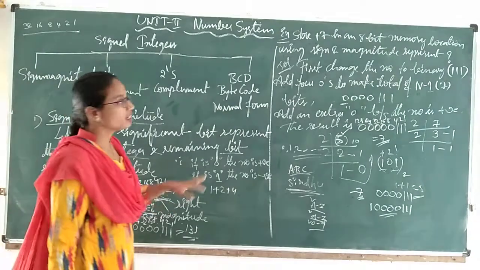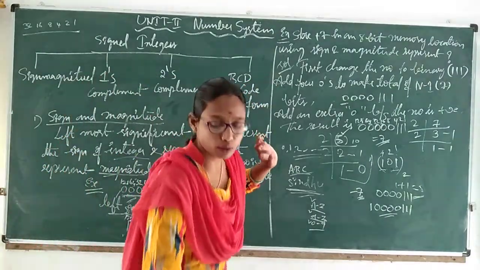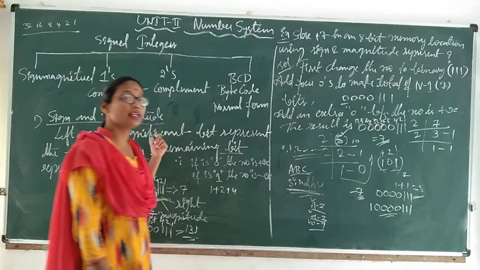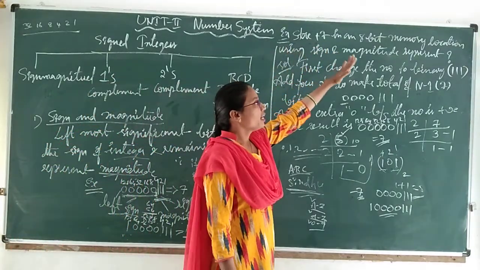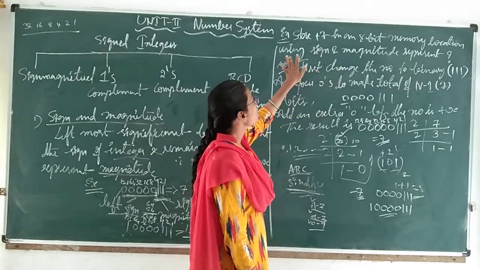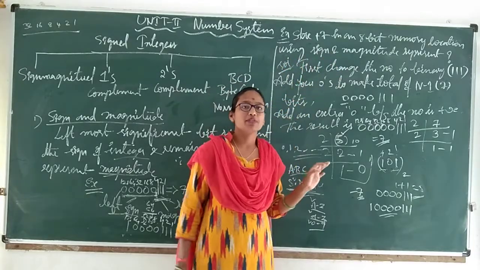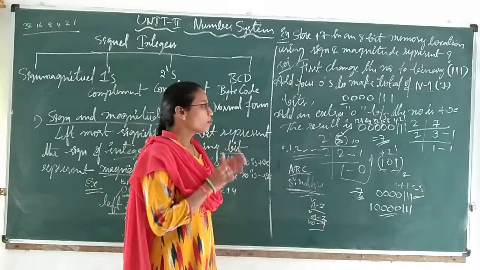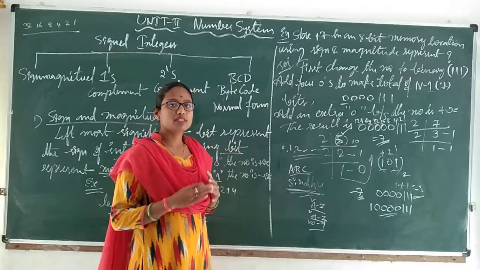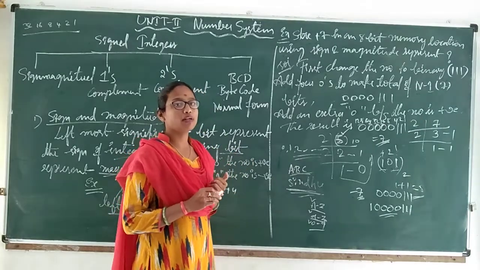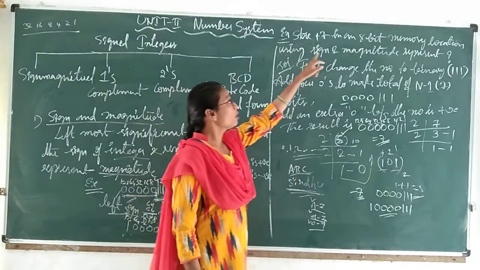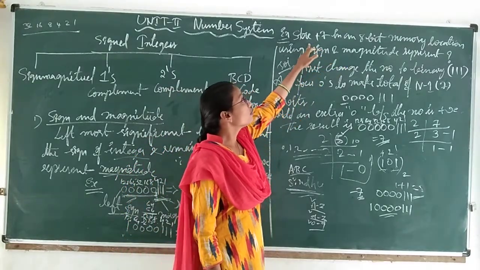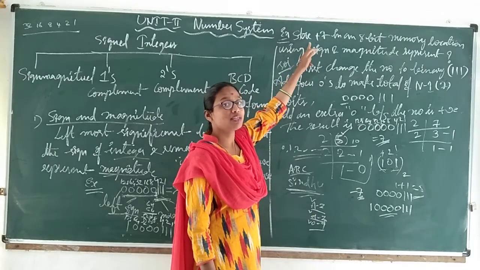Here is one example to understand sign and magnitude clearly. Store +7 in an 8-bit memory location using sign and magnitude representation. In binary number systems we have 8-bit memory locations, 16-bit representation and so on. Here it is an 8-bit memory representation with a plus sign, +7.